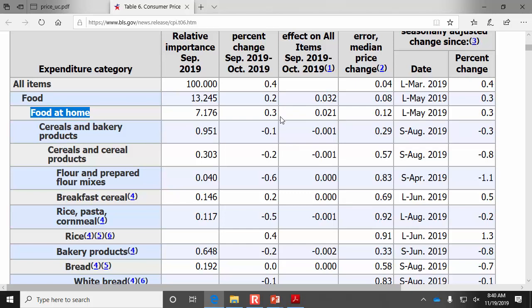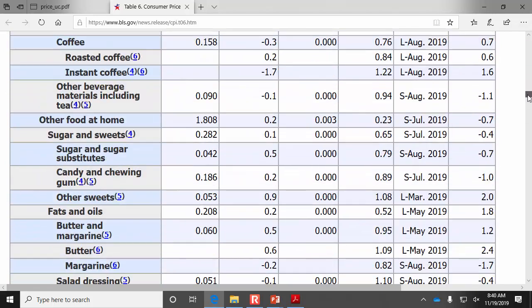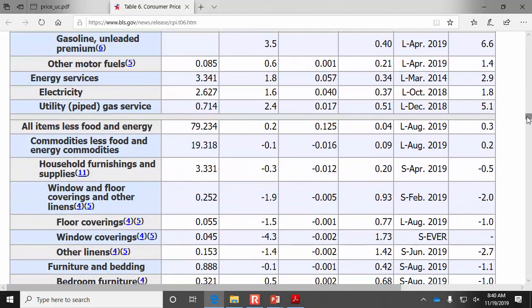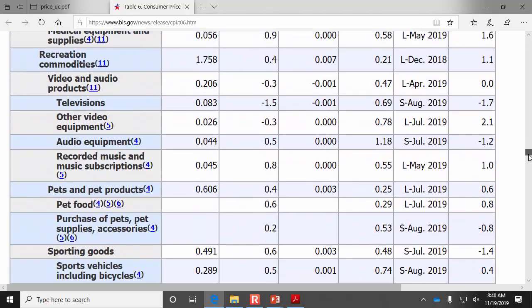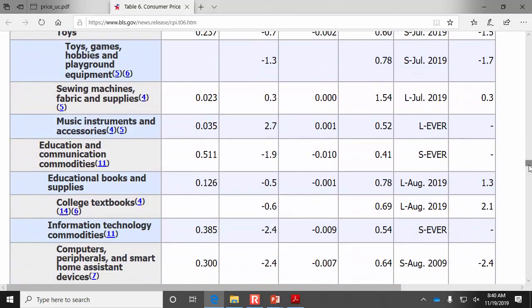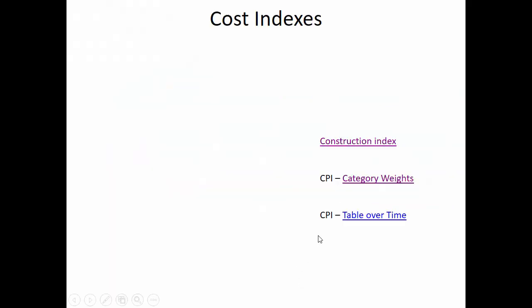This is where those price estimators are going out and checking on the cost of certain baskets of goods all across the country. They have all sorts of different categories: food, beverages, utilities, transportation, clothing, entertainment, information technology, and so on. That's an example of another kind of price index that's available, and it changes over time.